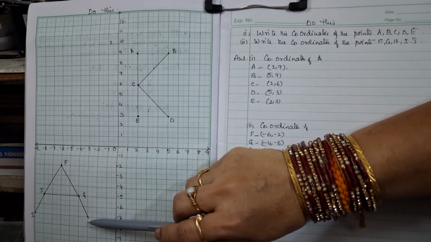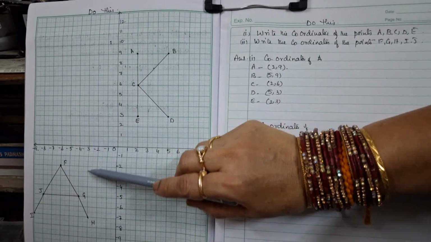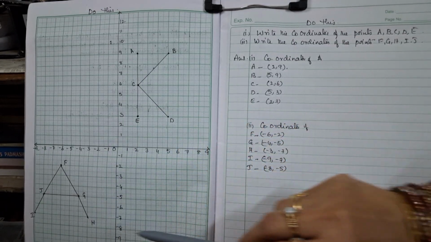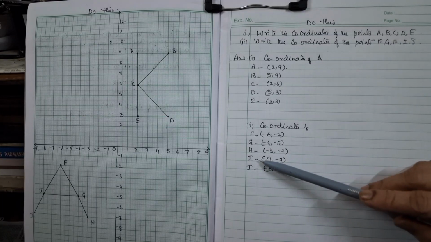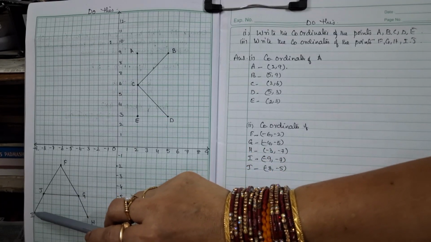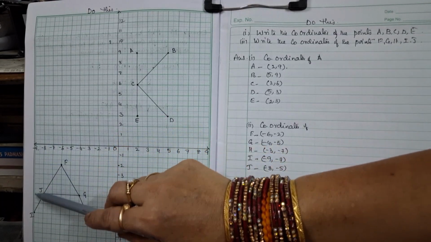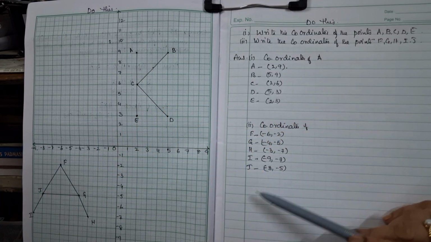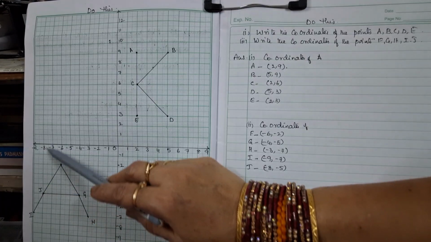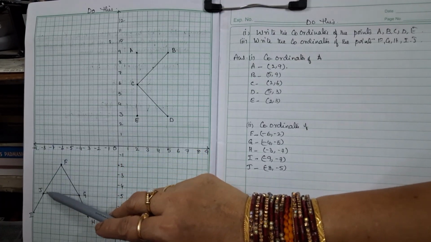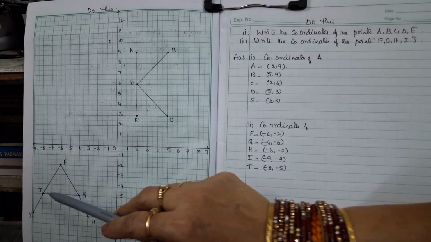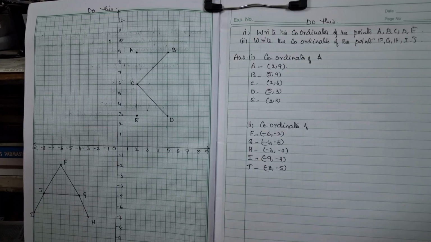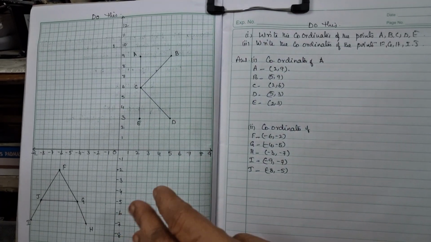H. This is H: (-3, -7). And I is here: (-9, -7). Then J: (-8, -5). So these are the ordered pairs.